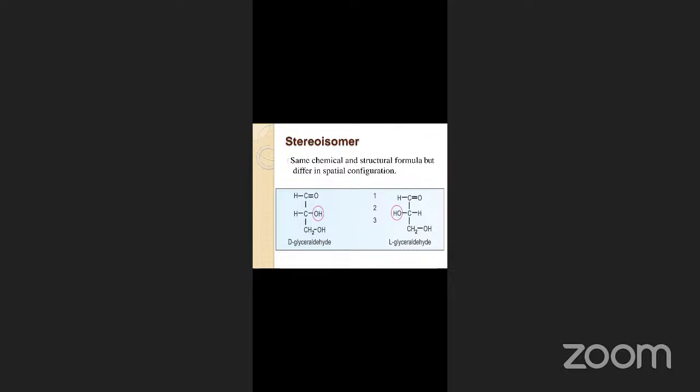Both have an aldehyde group, but here we call it spatial configuration, that means how these H and OH molecules are arranged in space. One is on the left hand side, and in the other it is on the right hand side. So based on that, you have the same molecule represented in two forms. They are called stereoisomers. Okay, D and L stereoisomers.